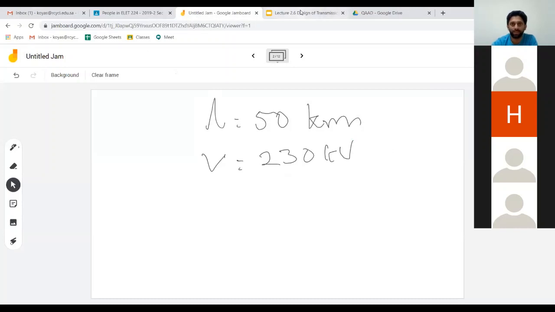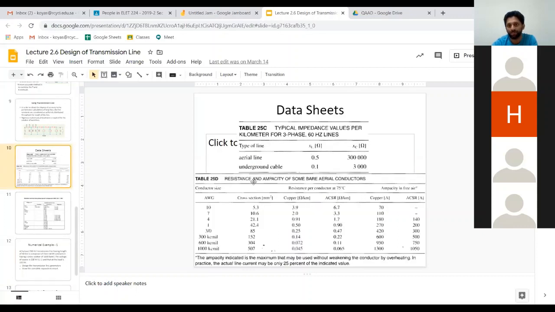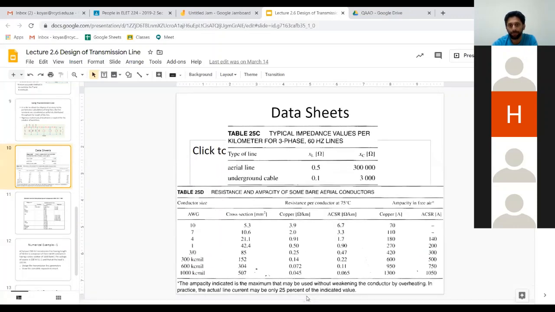What is given next? ACSR conductor size is 1000 kcmil. Now we have to go back to this data sheet. In this data sheet, 1000 kcmil, we are using ACSR conductor.